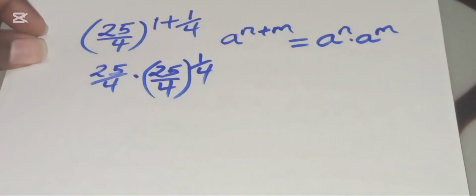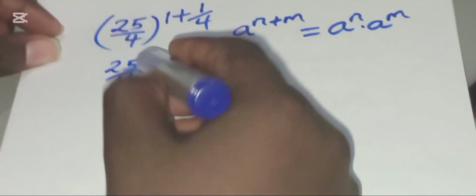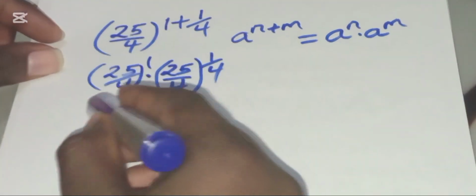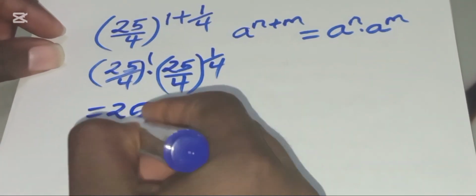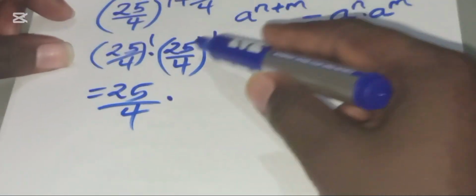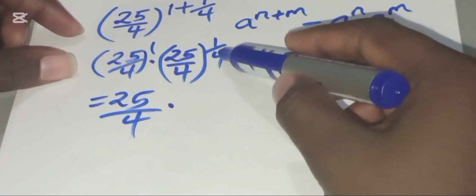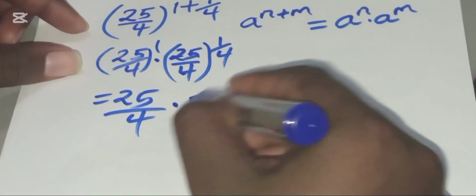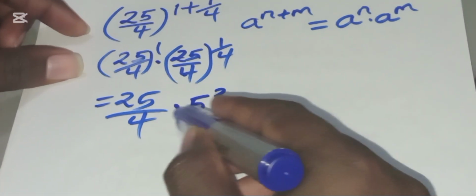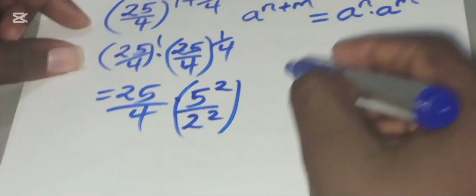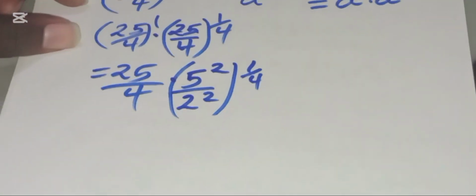Alright, now we have 25 over 4 raised to power 1, which is the same thing as 25 divided by 4. Now the second part is the same thing as 25 over 4 expressed as 5 raised to power 2 divided by 2 raised to power 2, all of this raised to power 1 over 4. Okay?